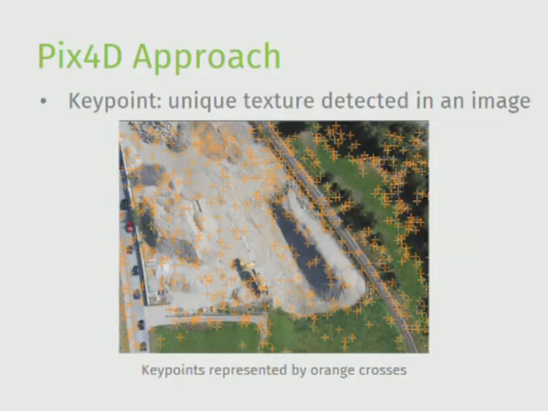So how does Pix4D actually work as a software? You provide it with image content that has been taken in very high, overlapping fashion. And the software will go through and scan every single image and determine what we call key points. Key points are unique textures, right? So if we as humans look at this, we may say, oh, a unique texture is this red car.